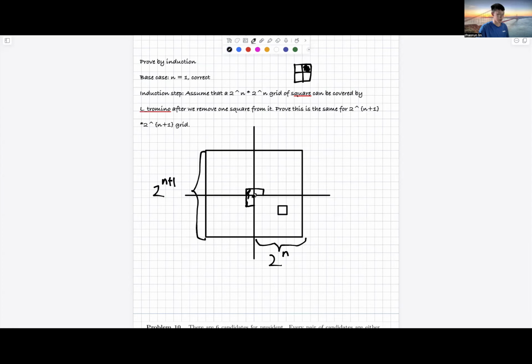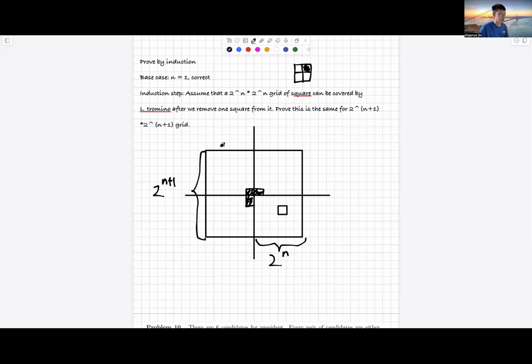We already covered it by an L trinomial, so we can consider it as removed. So each part now is a 2 to the n times 2 to the n grid, and this is also a 2 to the n times 2 to the n grid. So by the induction hypothesis, we can also cover these 3 parts using L trinomials. So in the end, we can cover the entire grid using L trinomials.